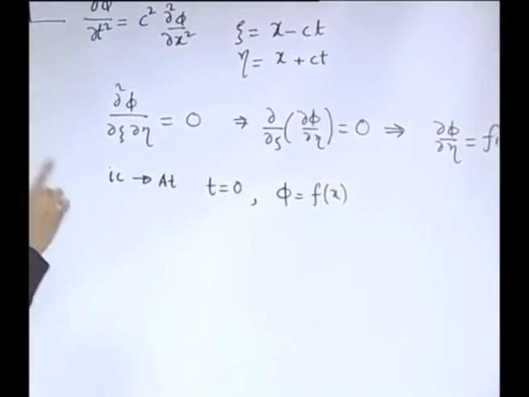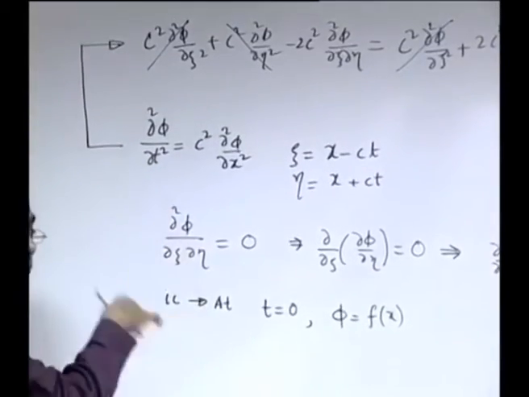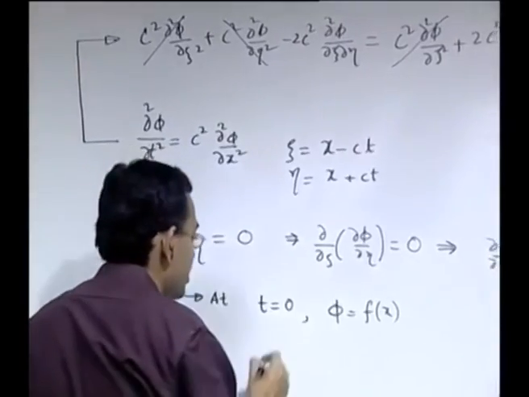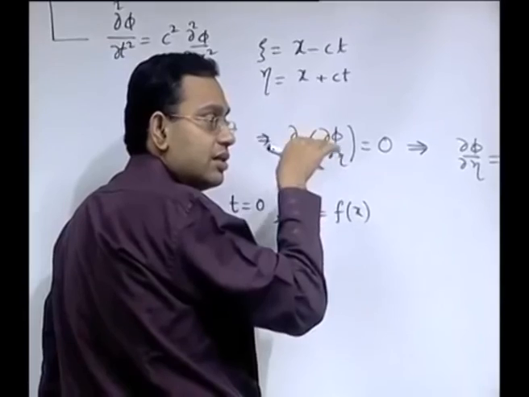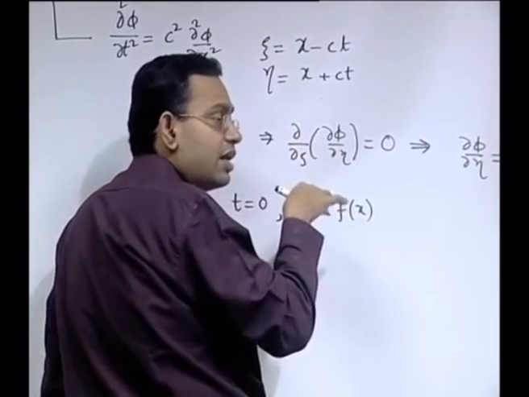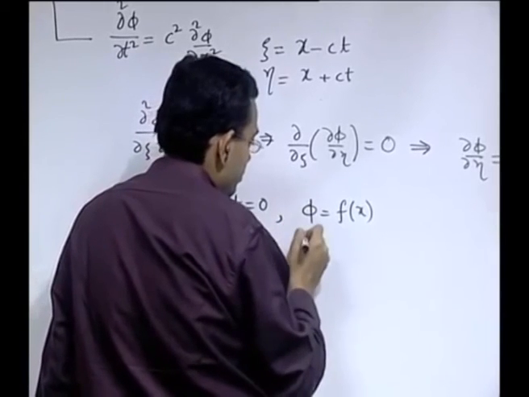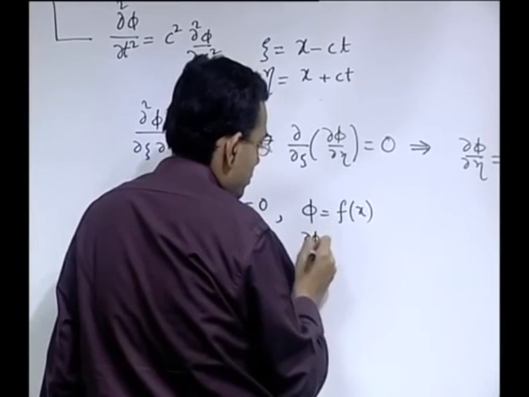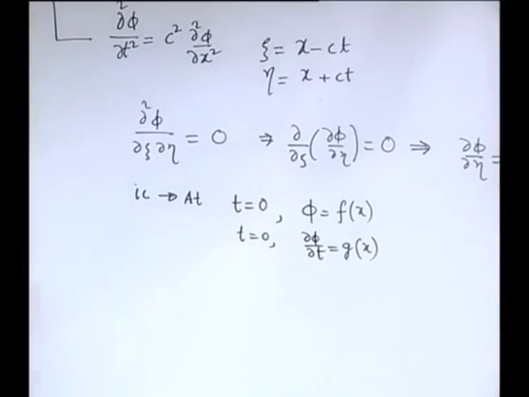It is having a second order time derivative. So, you require another condition with respect to time, and that is maybe the initial displacement of the string. You may also specify the initial velocity of the string. So, at t equal to 0, what about the boundary conditions?